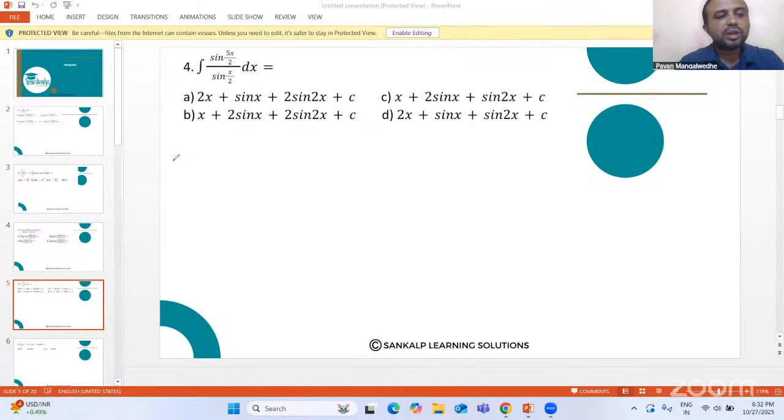Another identity you can use is sin A into sin B, that is half of sin of (A plus B) plus sin of (A minus B), which is commonly used.